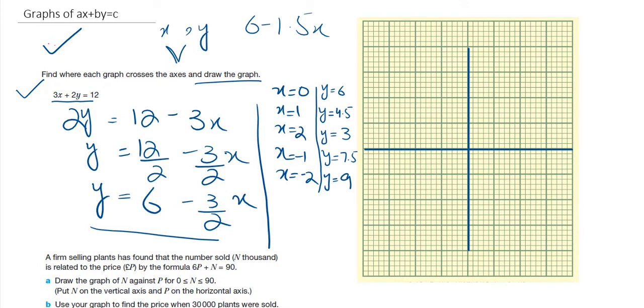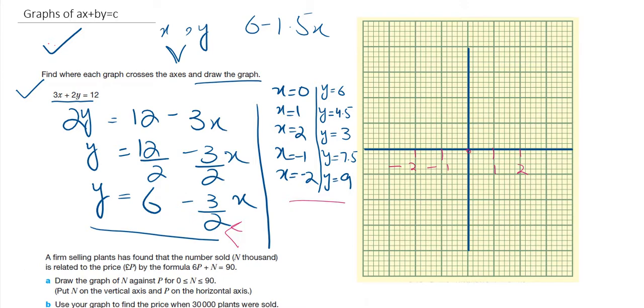Okay, now I'm done with all these values of y by putting the x values inside this equation, and I have plotted the graph as well. So let's put the values: 0, 1, 2, and negative 1, negative 2.